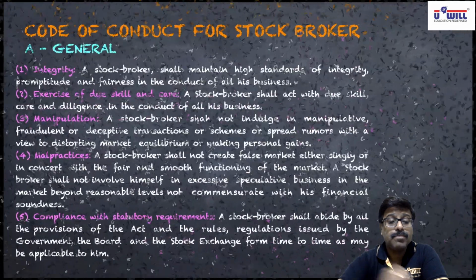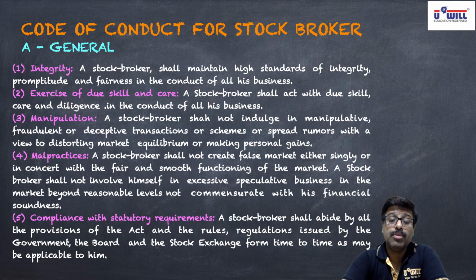Going further, Code of Conduct for Stockbroker means what? Code of conduct means what duties the stockbroker should follow, what qualities the stockbroker should have. A general code of conduct which he is required to follow. Integrity. Integrity means honesty.